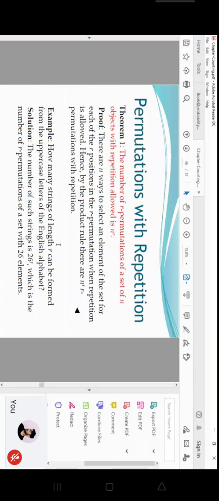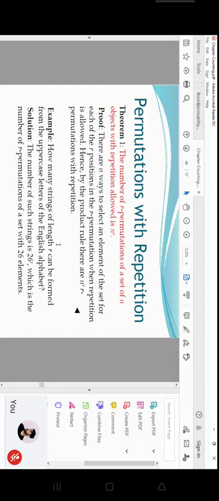So for the second element, how many options are you getting? The same n, because you can reuse the already occupied place, the problem is saying. So again for the second element, the number of ways you can arrange is n. So this way every element you can arrange n times.